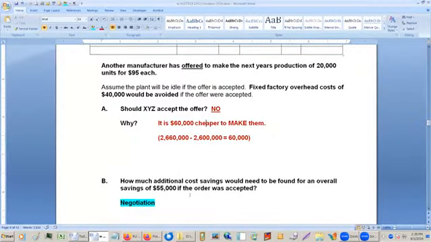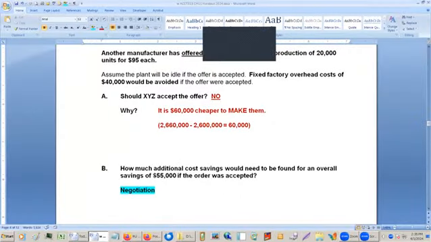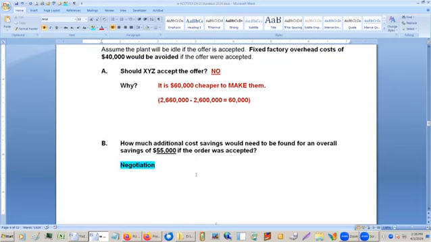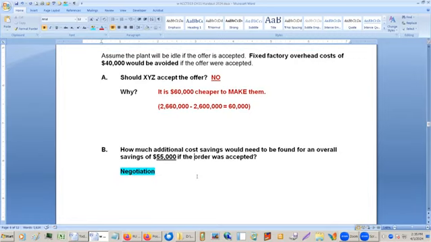So how much additional cost savings would be needed to reach an overall savings of 55,000? Okay, so we want to save 55,000. How much would we have to cut out of this offer they have to come up with a savings of 55,000? Now remember, it's already $60,000 worse off for them to make it.